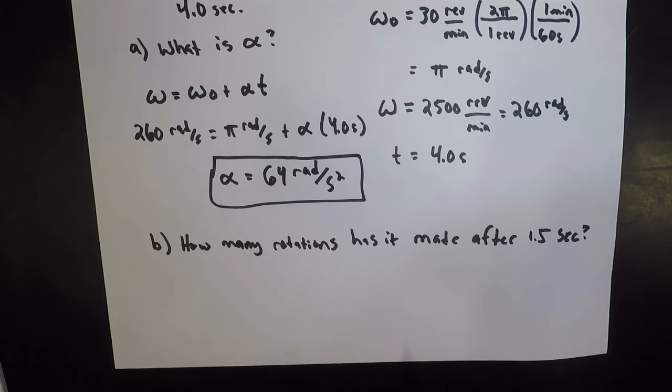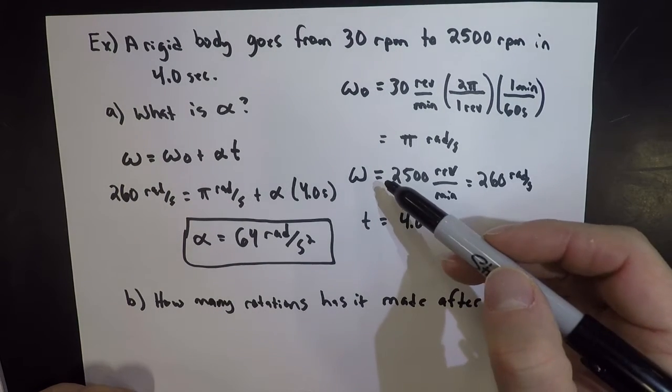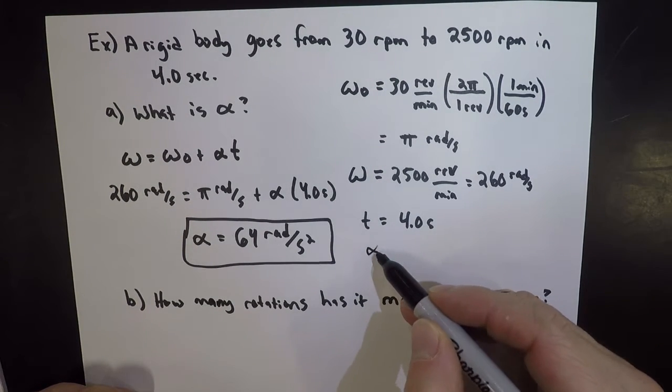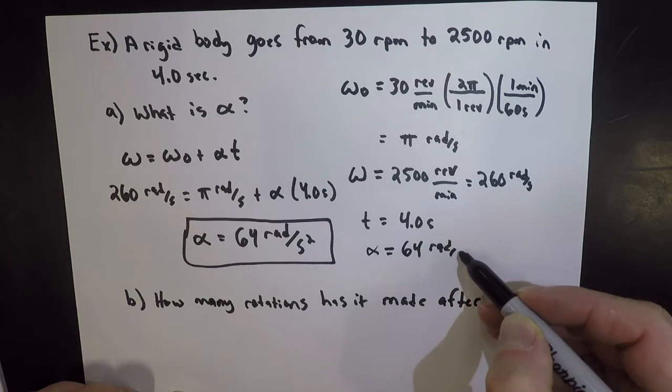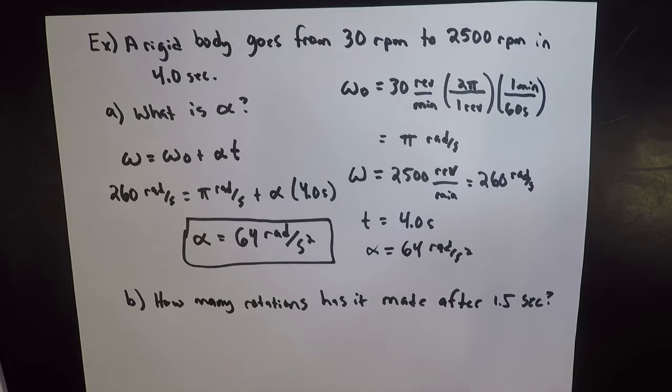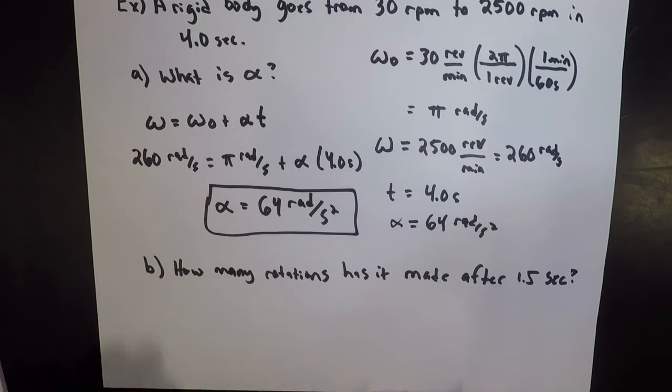Now if I think about the knowns, I've got an initial, a final, a time, and now I also have alpha to add to my list of knowns, 64 radians per second squared. And now we're looking to solve for how many rotations it's gone through, or theta, the angular displacement.